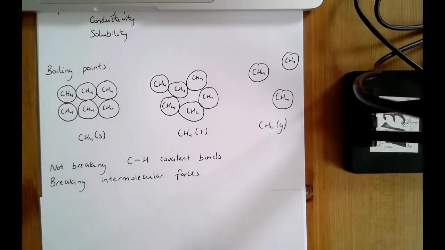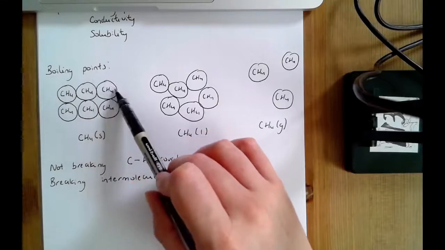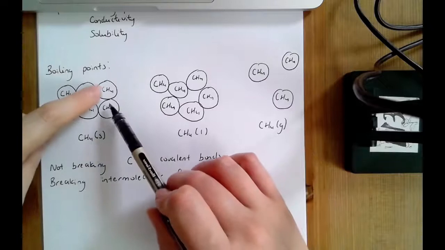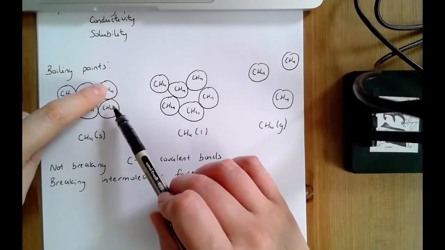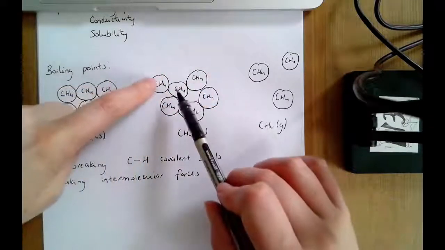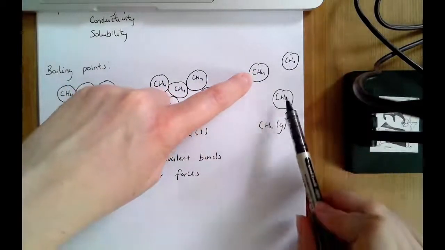Instead, I'm breaking the forces that exist between the molecules, which are the intermolecular forces. So each one of these CH4s is called a molecule. And when I go from a solid to a liquid, I am breaking these intermolecular forces so that I can move the molecules further from each other. When I'm going from a liquid to a gas, I'm fully breaking these intermolecular forces to fully separate out these molecules.